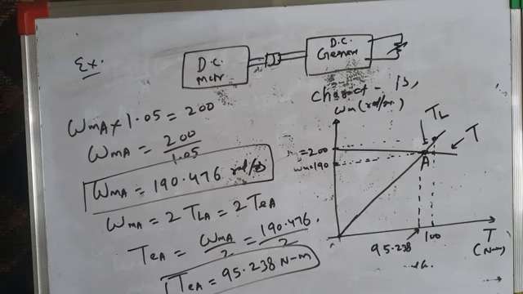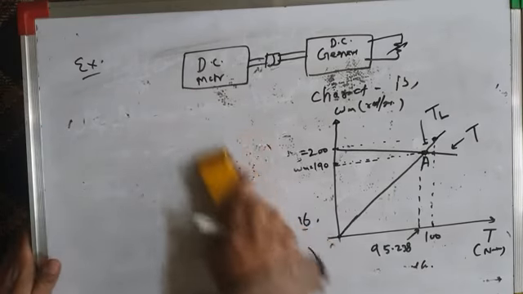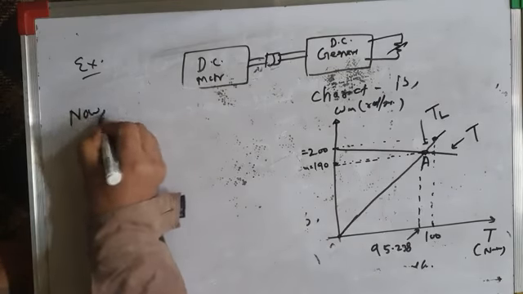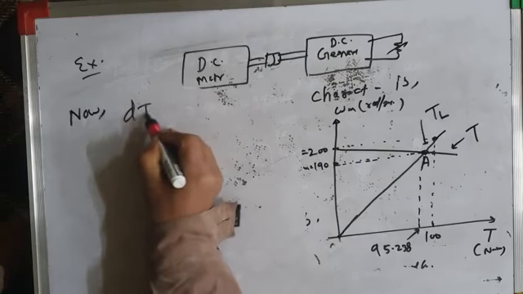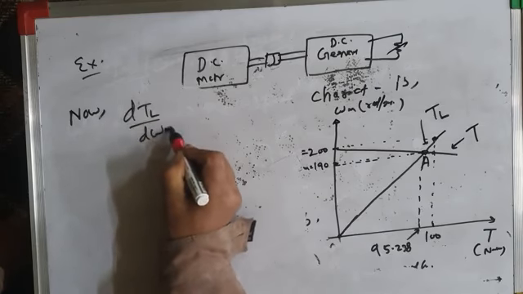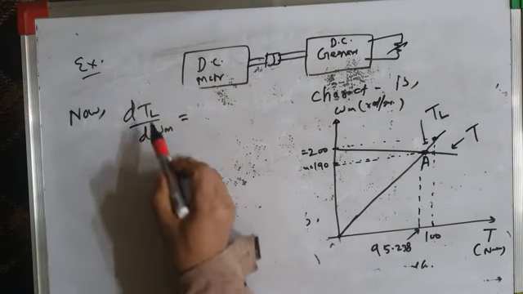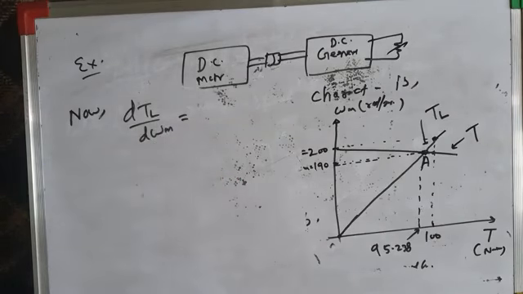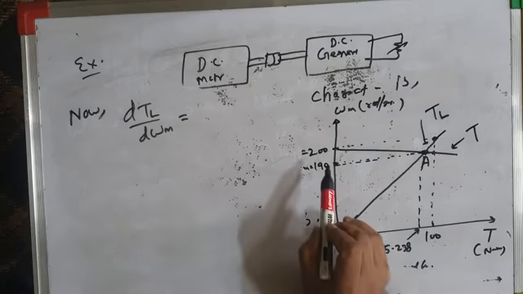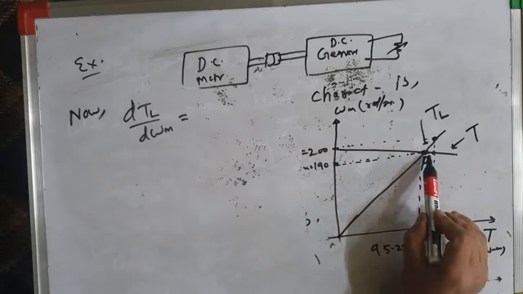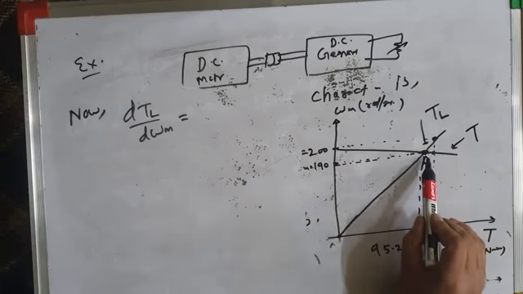But let us try to numerically find it out. So now, what is dTL by d omega m? The slope of the curve is the change in the torque with change in the speed. Speed is changing from 200 radians per second at no load to 190.476 at full load.